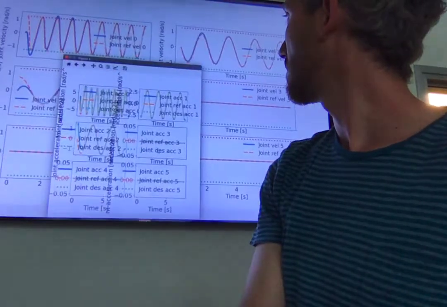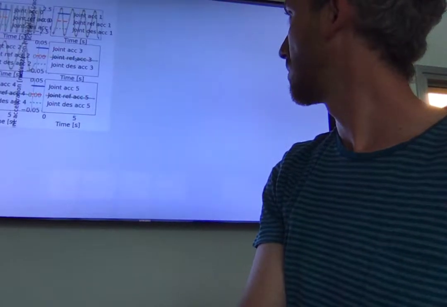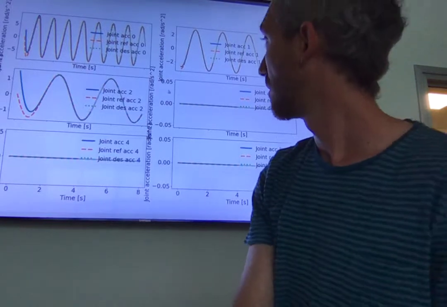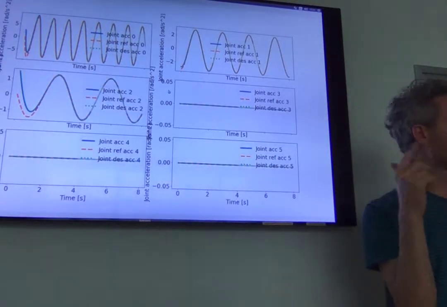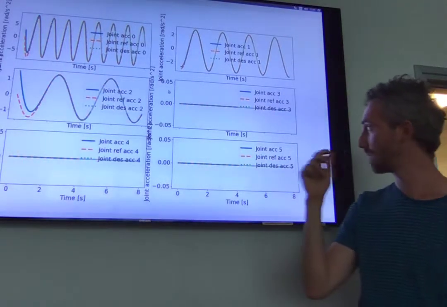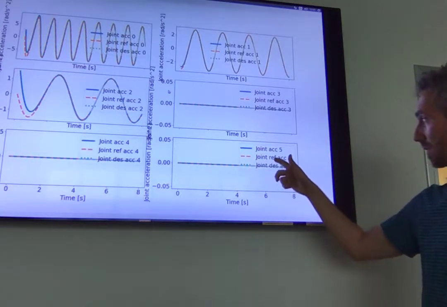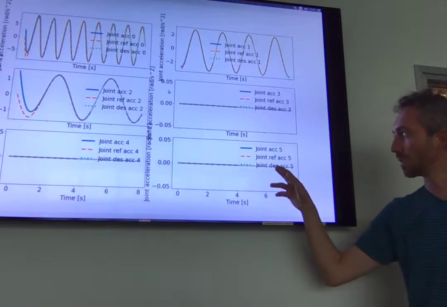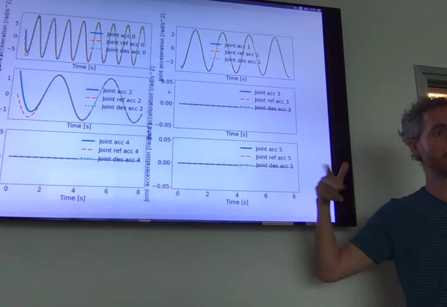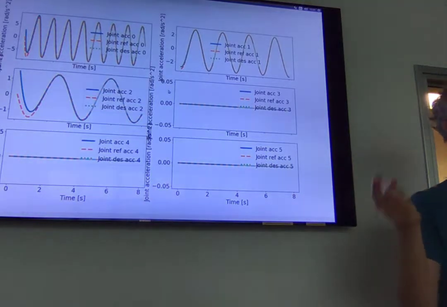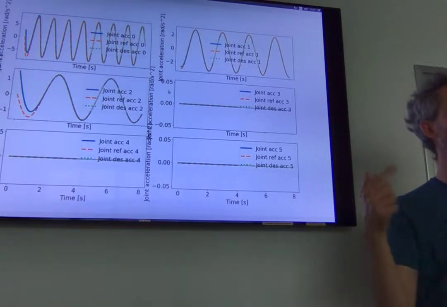And finally, here you can see the accelerations. For the accelerations, we have not two, but three curves. We have the real acceleration, the reference acceleration as before, and here we have one curve more, which is the desired acceleration, which is reference plus PD.